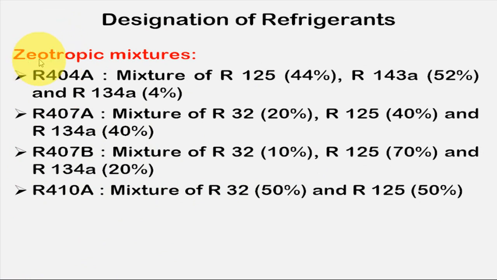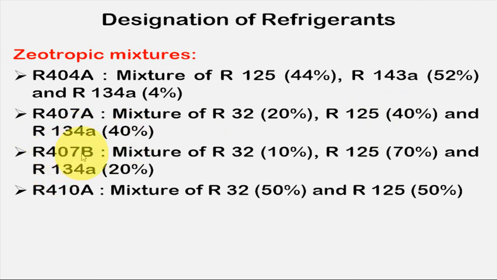Similarly, the next category is zeotropic refrigerants. For example, R404A is a zeotropic refrigerant. It is a mixture of R125 44%, R143A 52% and R134A 4%. Then R407A is a mixture of R32 20%, R125 40% and R134A 40%.